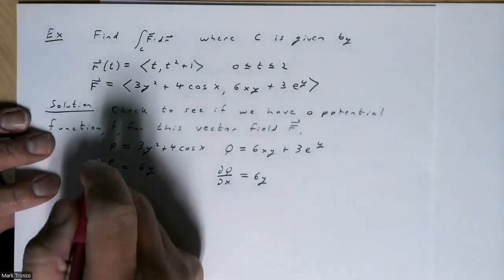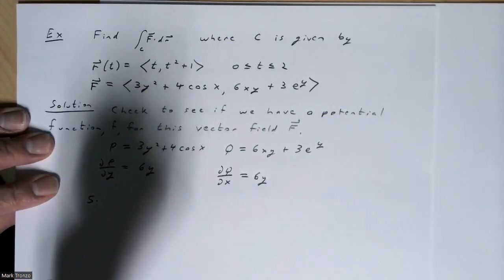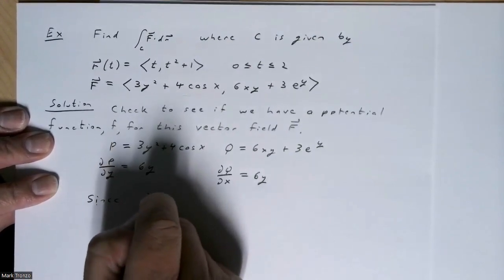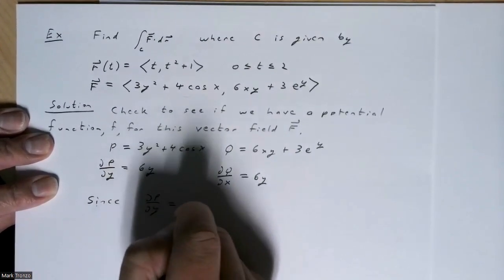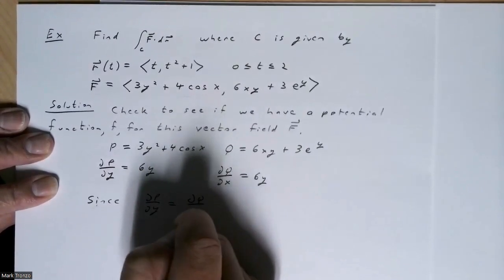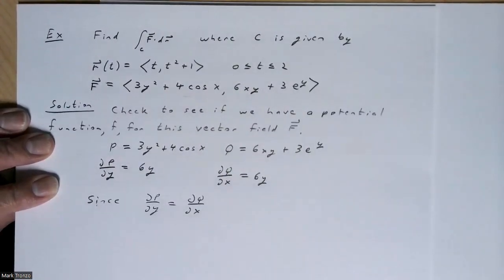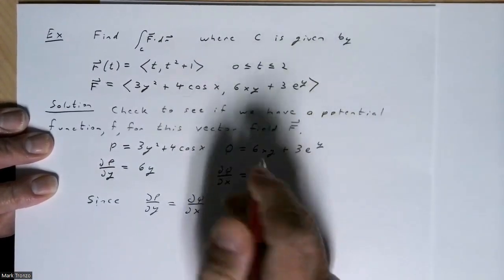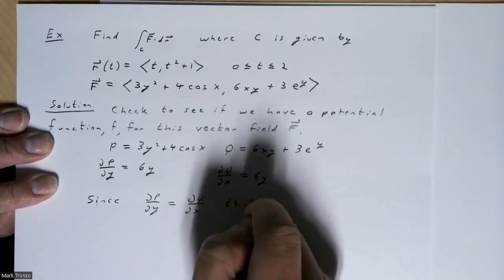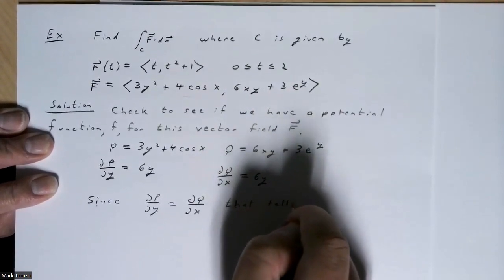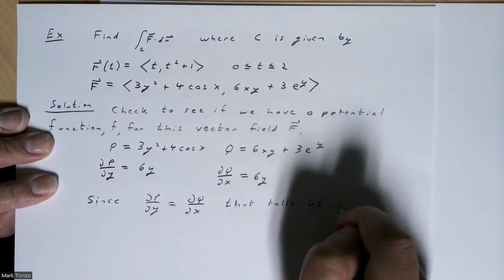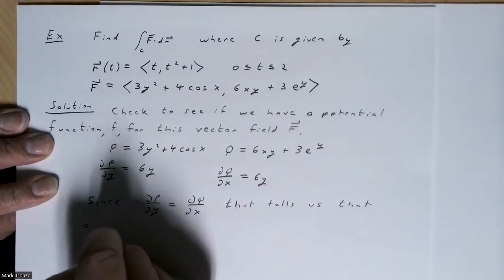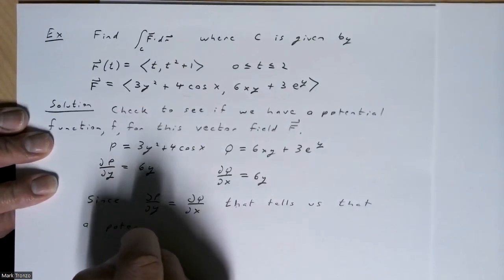And now, since we have dP/dy equal to dQ/dx, that tells us that a potential function f exists.